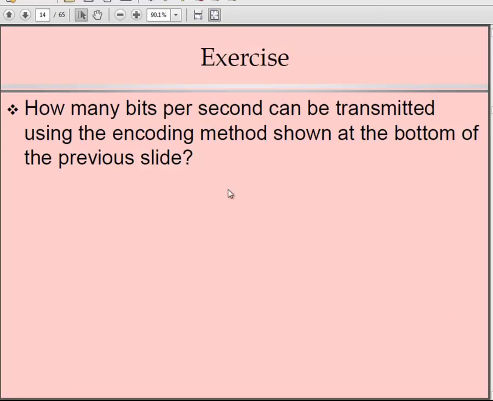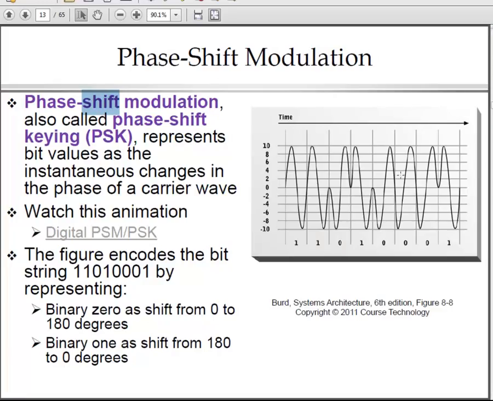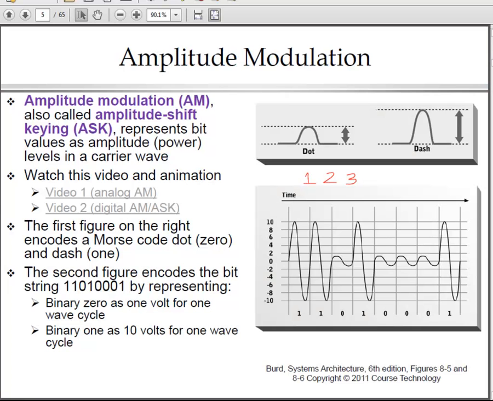All right. How many bits per second can be transmitted using the encoding method shown at the bottom of the previous slide? Okay. Well, if I look at this signal and I back up and I look at the amplitude modulation signal, I notice something. 1 cycle per time period. In amplitude modulation, what was different was how high was the peak.